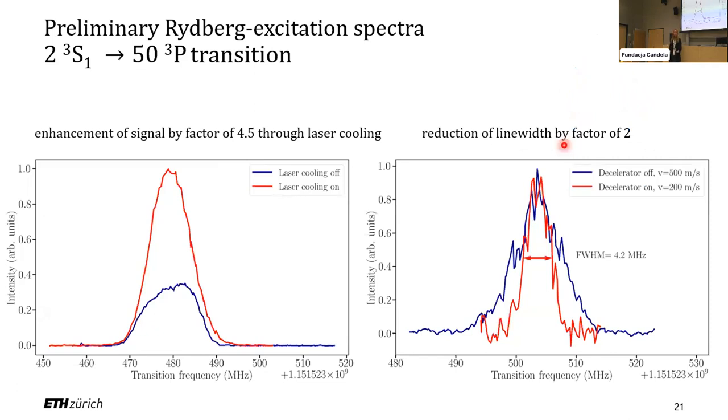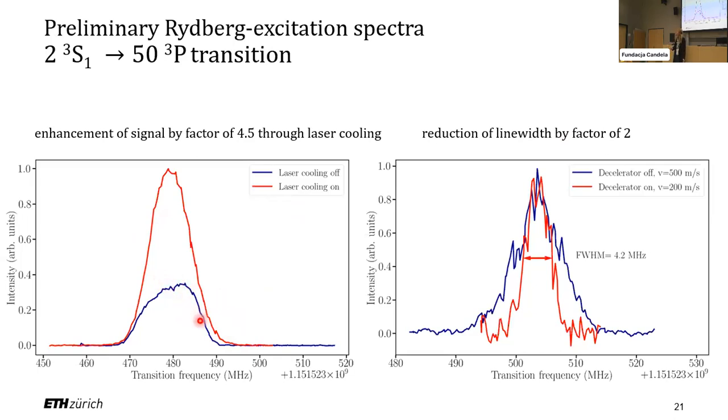Good. We are interested in the spectroscopy, so thankfully I can show you very preliminary spectra, which we just recorded last week. But please take care that you cannot take this absolute scale as reference, because we only referenced our laser to a wave meter, not to a frequency comb yet. The first part shows a spectrum where I want to show you how we can enhance our signal intensity using the laser cooling.